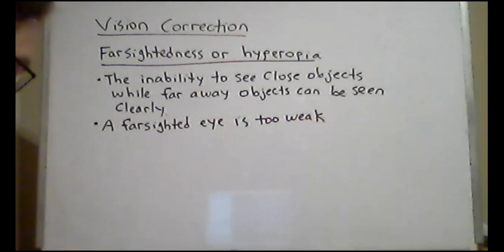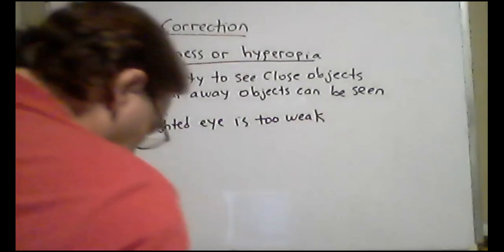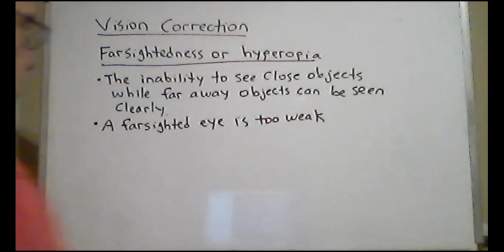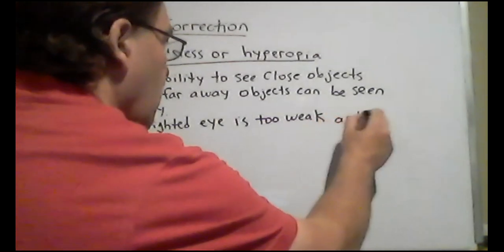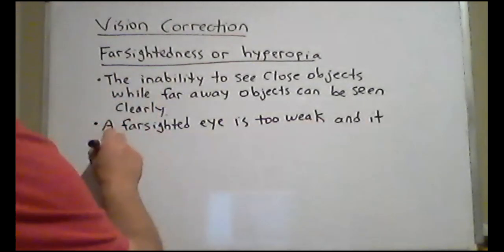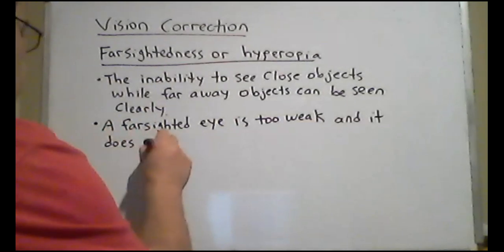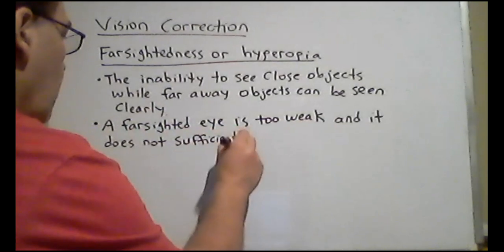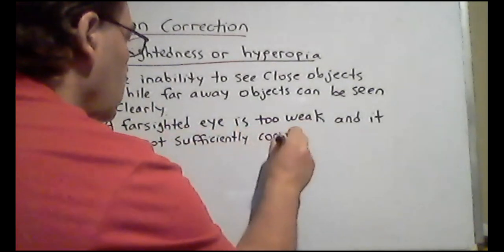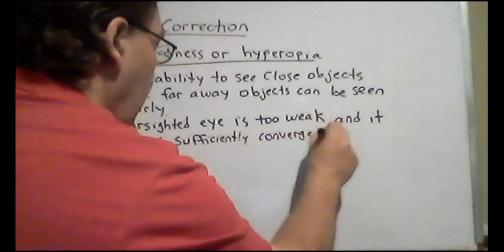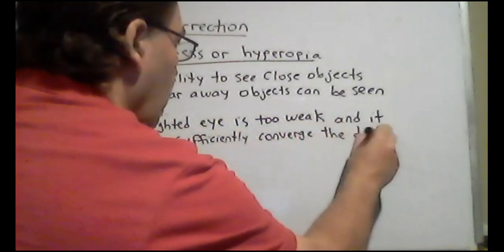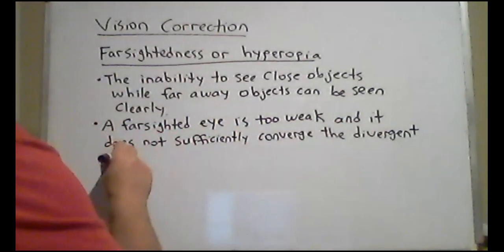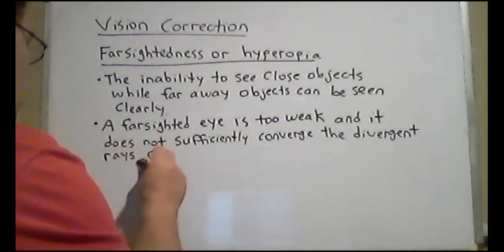A far-sighted eye is too weak, and it does not sufficiently converge the divergent rays from close objects.